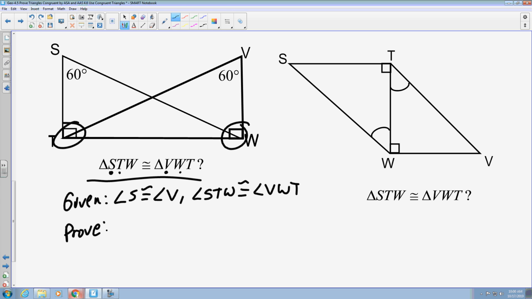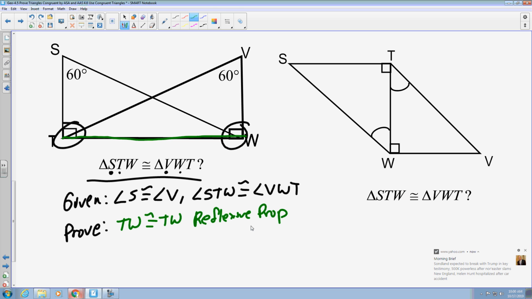Is there anything that we can prove? Well, this line segment here is shared by both of the triangles. So I can prove that TW is congruent to TW because of the reflexive property. And I have an angle, and a side.